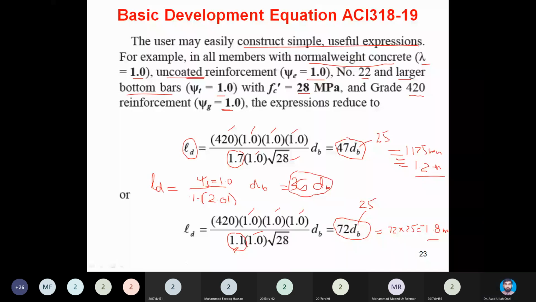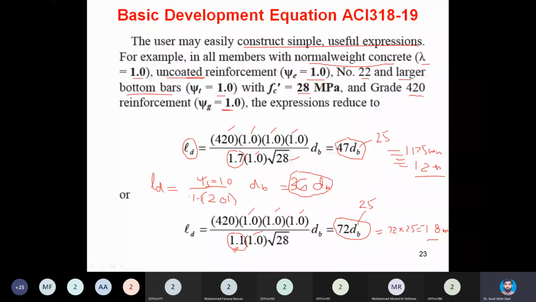So the most economical proposal I find is, if in this project all of them are proposed by ACI and you are allowed to use them, so if you want to be safe as well as economical, and still there is no objection raised because all are ACI proposed, then 36 dB will be the good option.